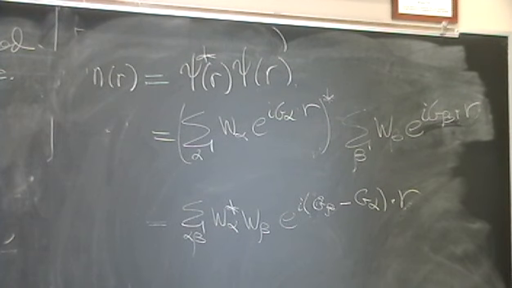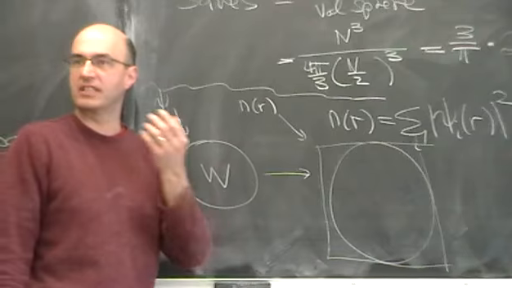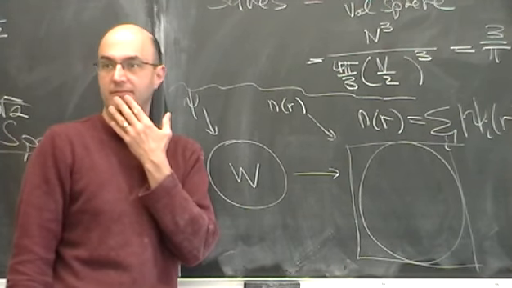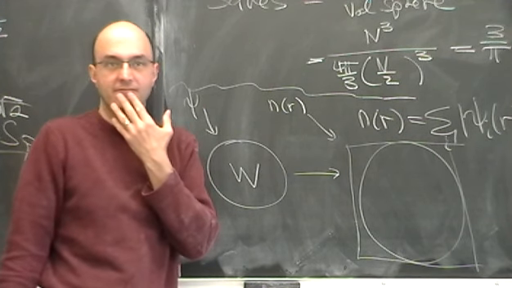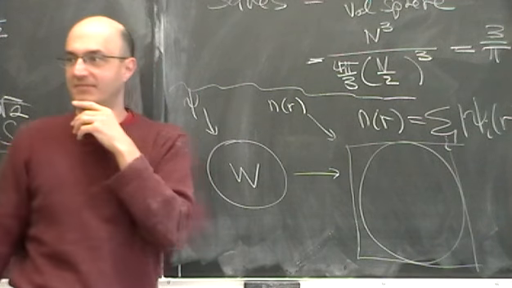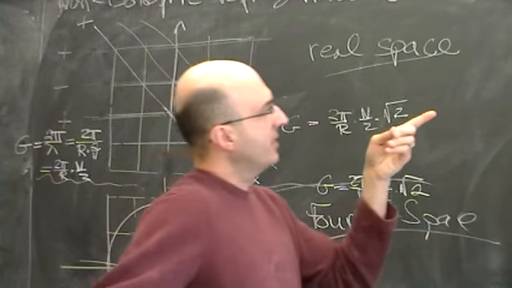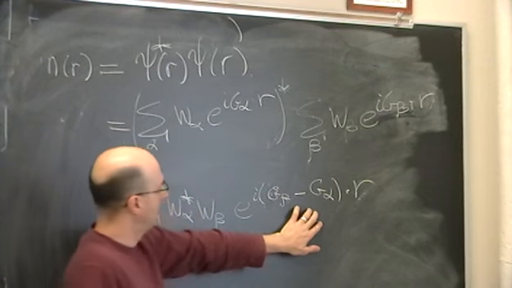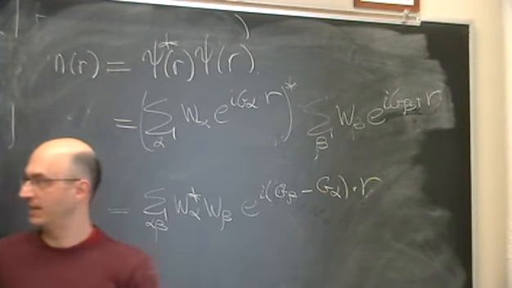So, if my wave functions exist in a sphere of a certain size, how big is the sphere for my charge density? This tells me that the Fourier components of my charge density are just the differences between all possible Fourier components of my wave function.